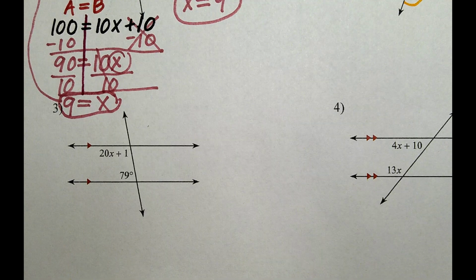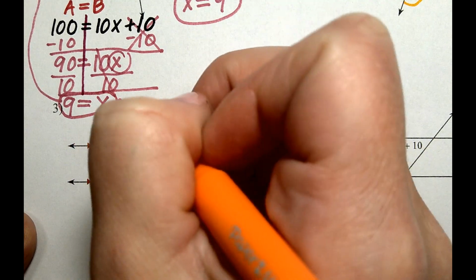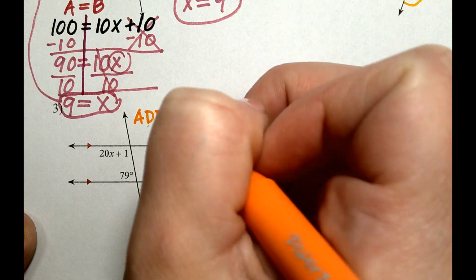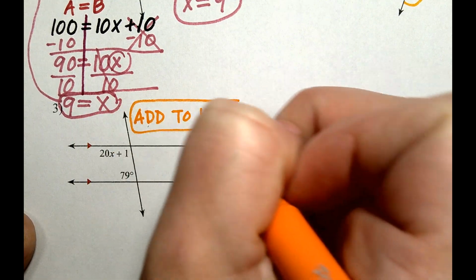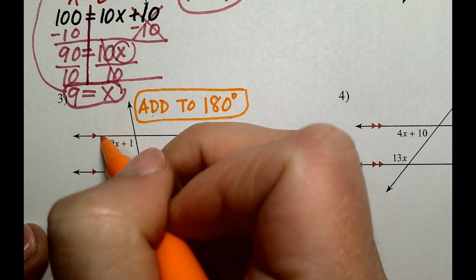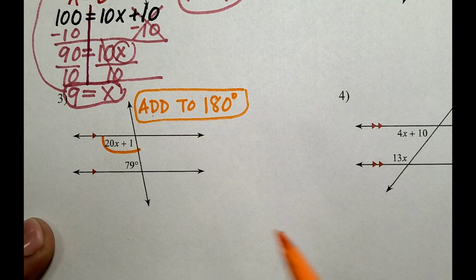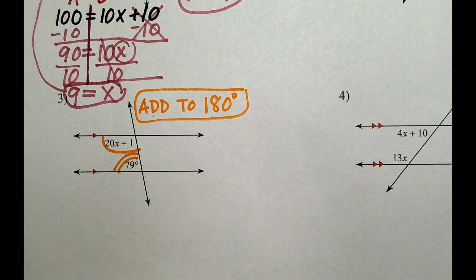There's a few ways we could figure that out. So I'll make a note here. These will add to 180. So I'm going to mark these with a different number of arcs. 1 arc for 20x plus 1, and I'll do 2 arcs for 79.